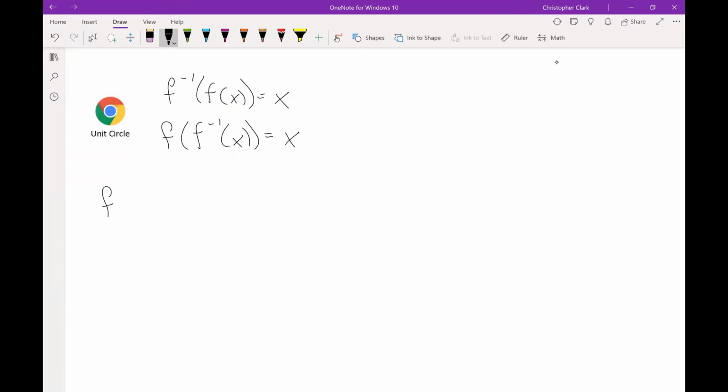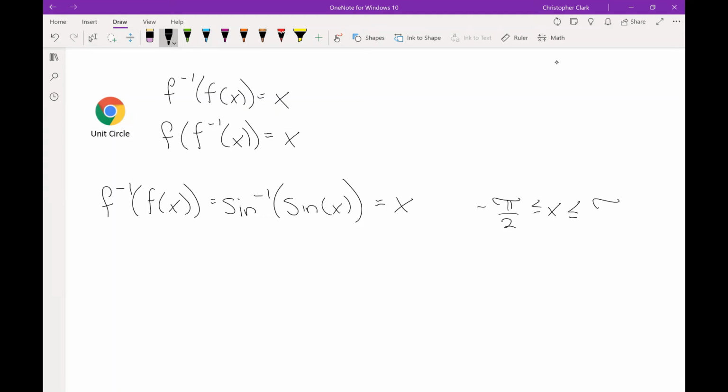So we can say f inverse of f of x, where f inverse is equal to sine inverse and f is equal to sine, is equal to x. But we have to be very careful because remember, these functions are only defined in certain ways. So in order for our sine inverse to make sense of what's in the argument, we have to restrict this x to negative pi over 2 and pi over 2.